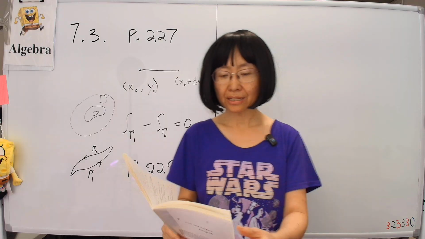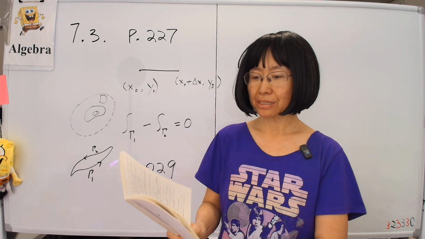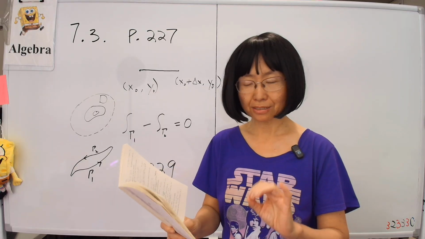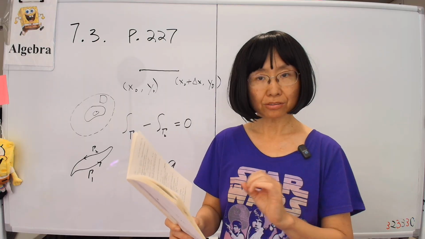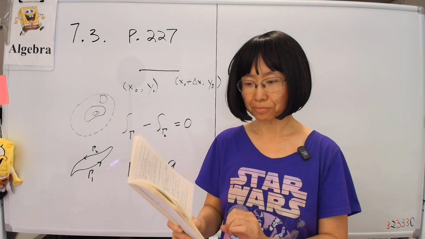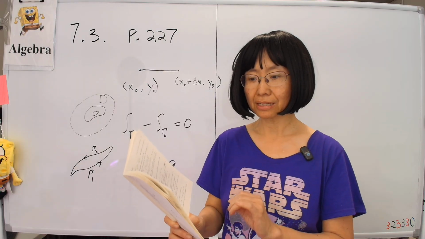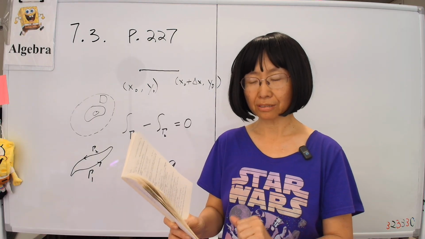Next, let's look at page 230, theorem 6, which reads: if P and Q are in C1, then if Q1 equals P2 in the whole domain, the integral of P dx plus Q dy will be 0 for every regular closed curve.